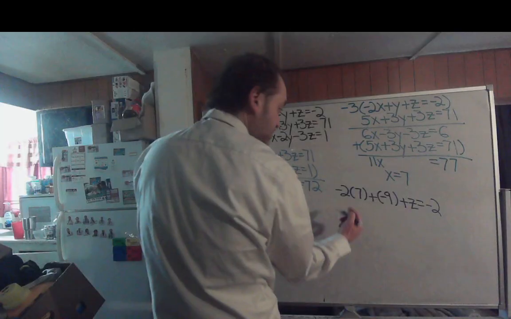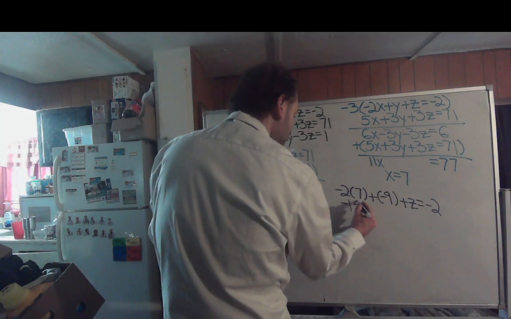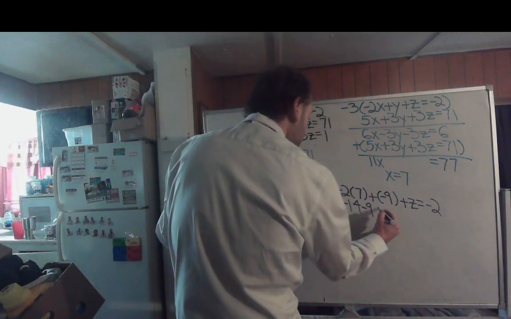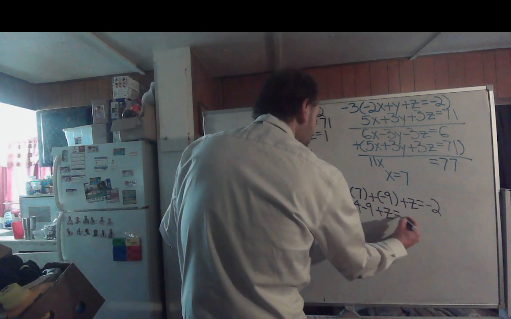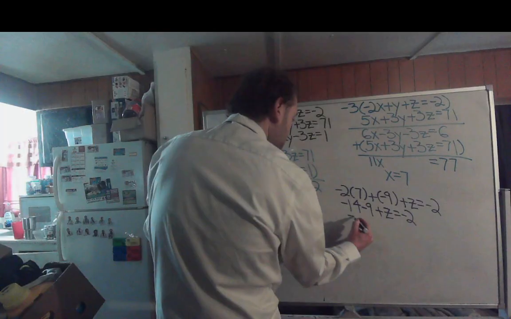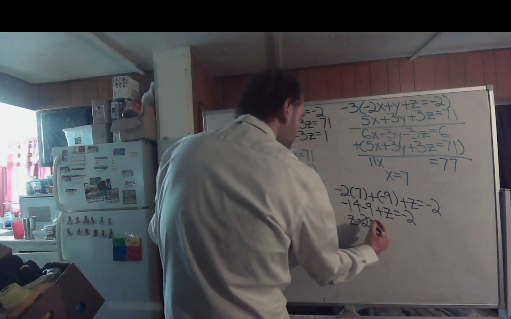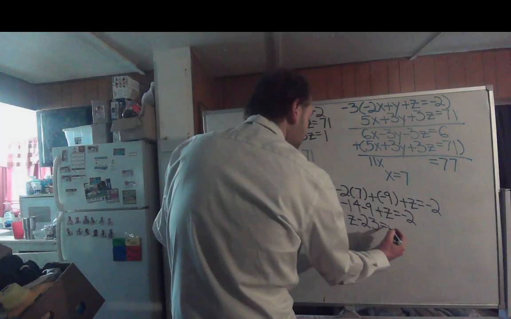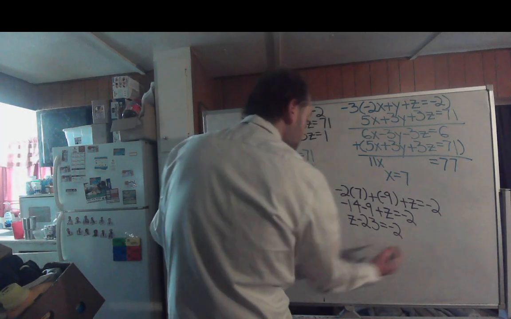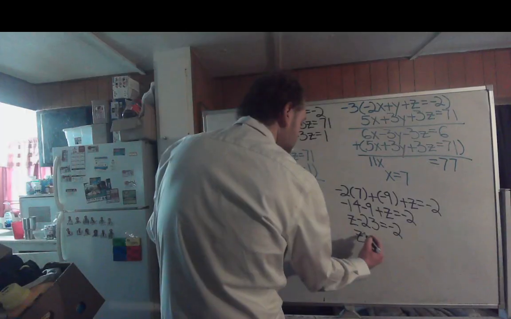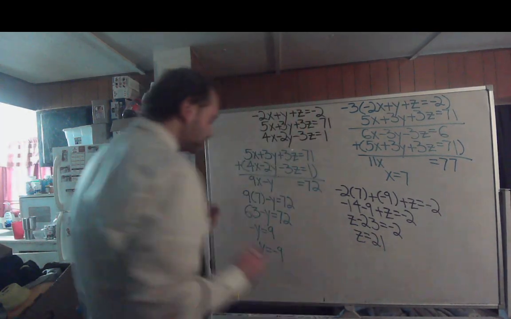Well, negative 2 times 7 is negative 14. Then you have minus 9 plus z equals negative 2, which would give you z minus 23 equals negative 2, which would give you a z value of 21.